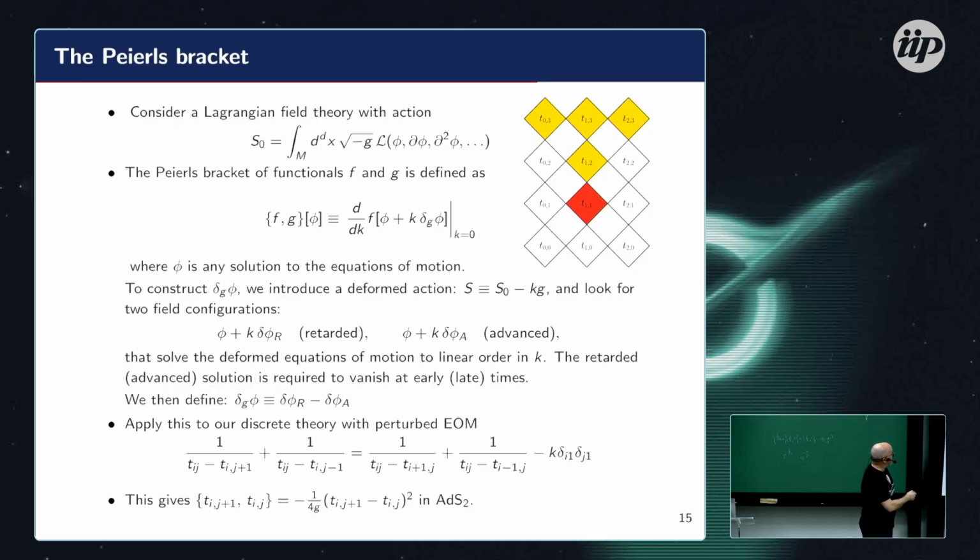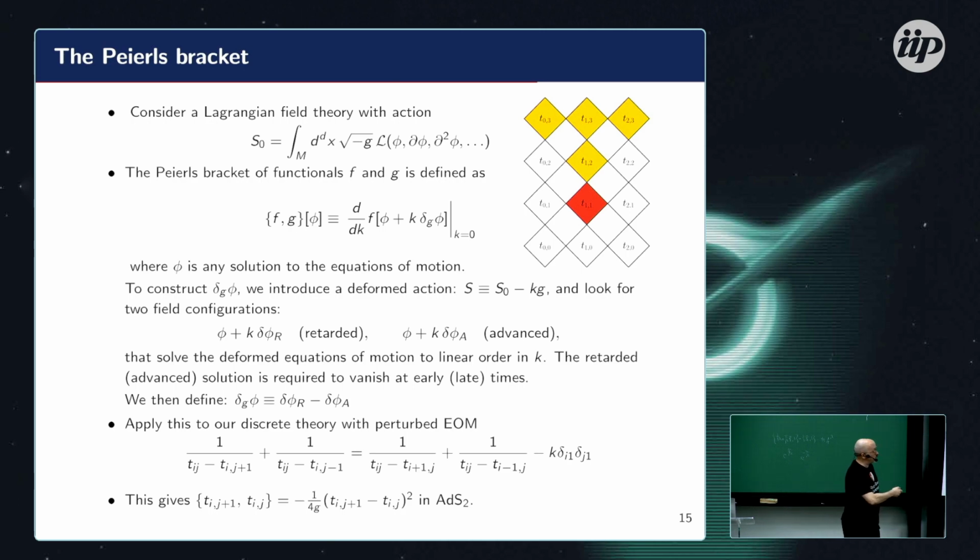We're going to construct this delta_g of phi by deforming the action. So this is the original action, and I'm subtracting k, some small parameter, times g, the second guy in the bracket. So I added this source for g.